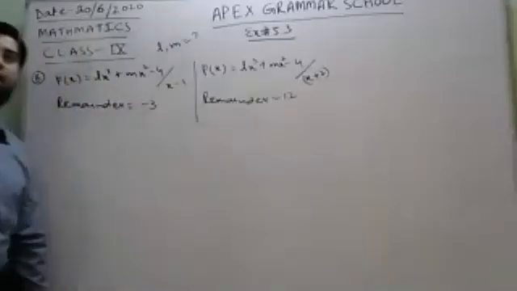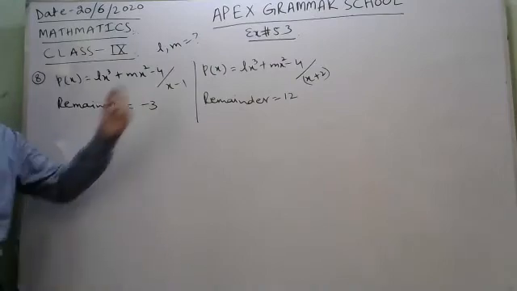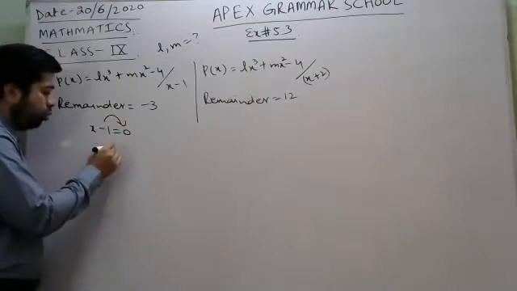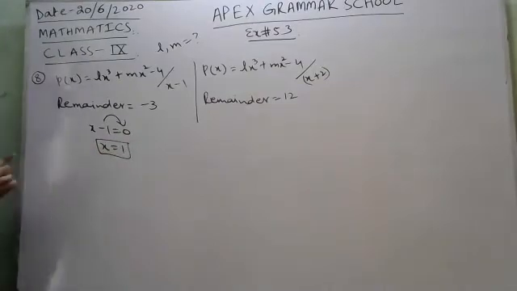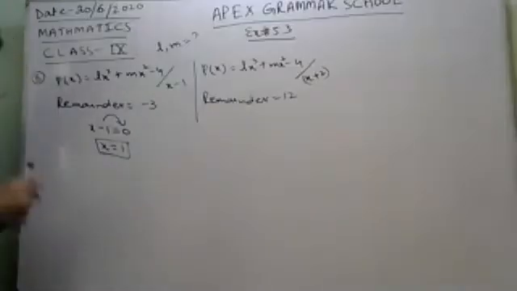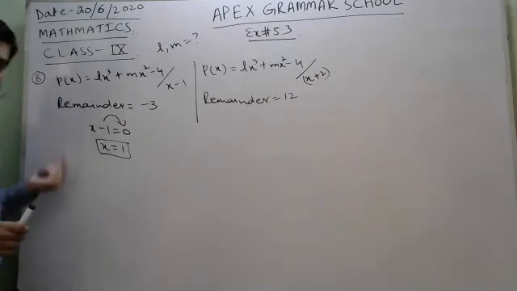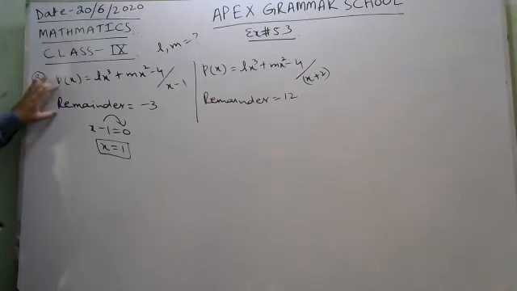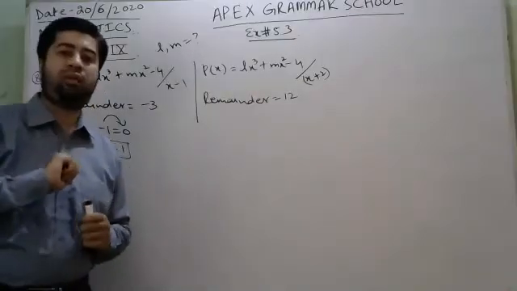Firstly, for x minus 1, apply the zeros method and get the value. Put it inside this polynomial, and you already know the remainder, that is minus 3. So instead of p of 1, in the next step you have to write minus 3 there and find equation number 1.